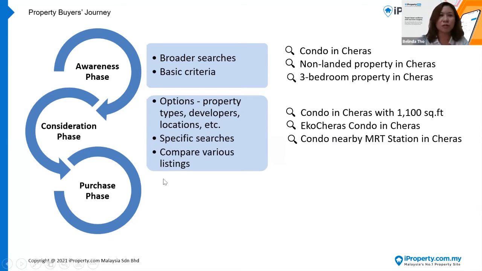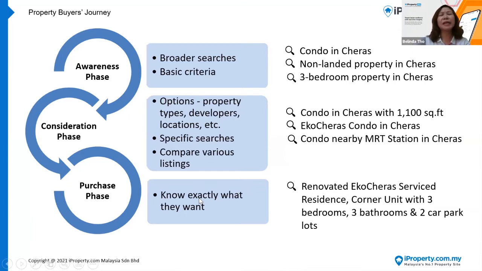After the consideration phase, the buyer will enter the third phase, the purchase phase. In this phase, after doing so much research during the consideration phase, they are pretty sure they know what they want at this juncture. So the way they search for property will be very, very specific.